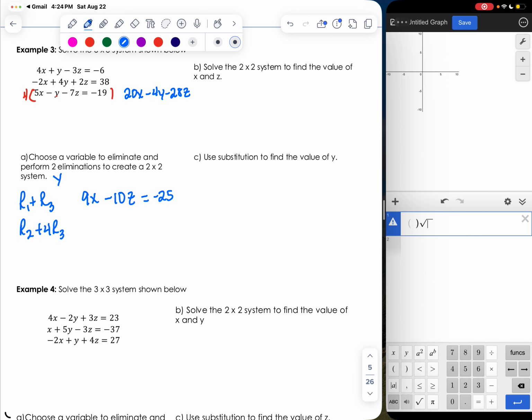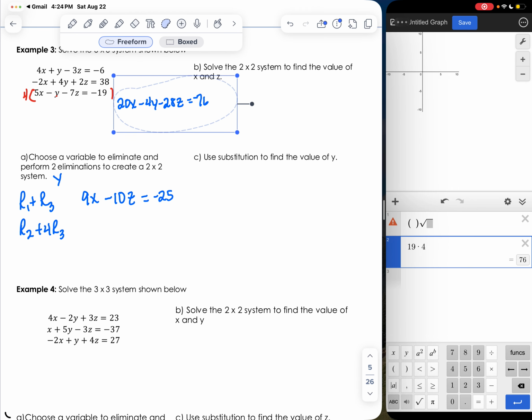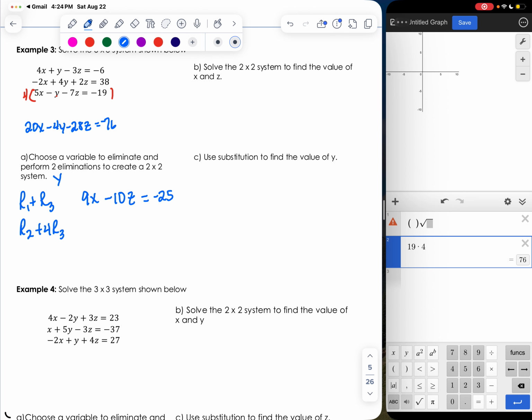And 4 times negative 19 would be negative 76.